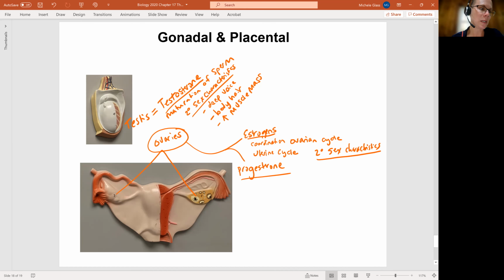And here we see that these are increasing the amount and the distribution of adipose tissue. We see breast development. We see maintenance of pregnancy. We can also include reduced height.